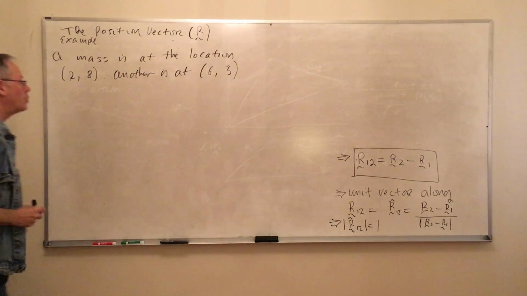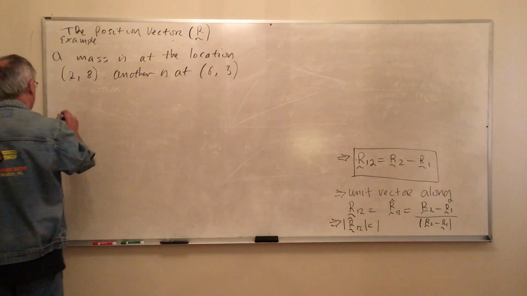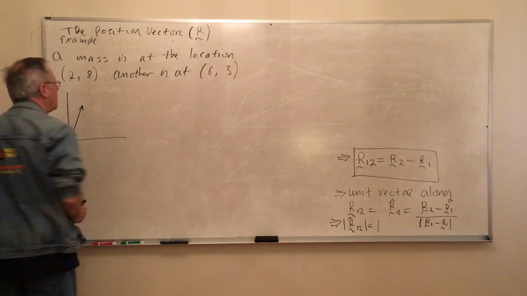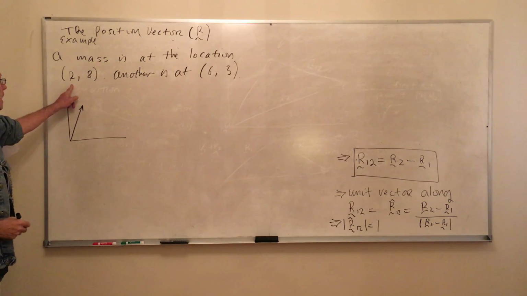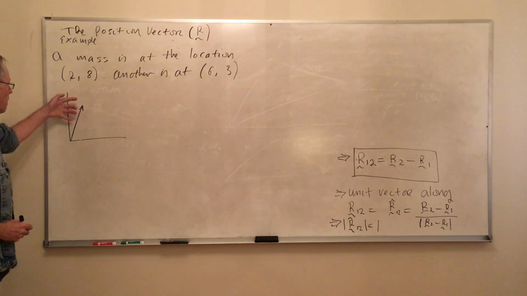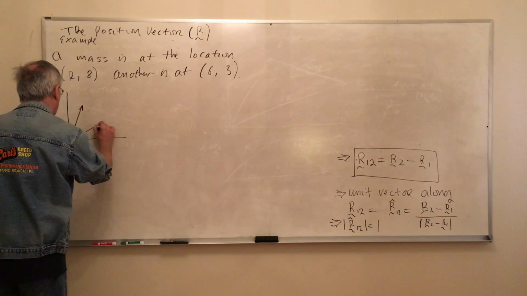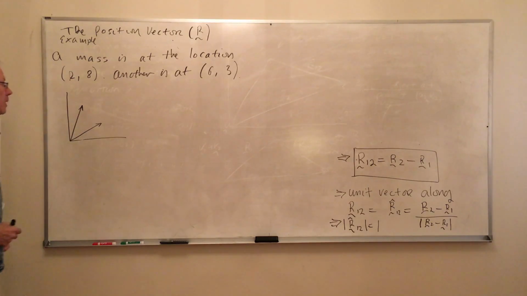So we have two masses, one at 2,8 and one at 6,3. So the position vector in this case is going to be a vector looking kind of like this. The position vector along here is going to kind of look like this.